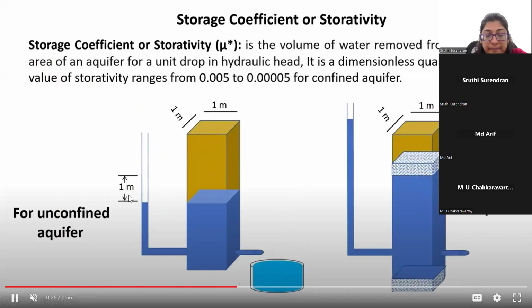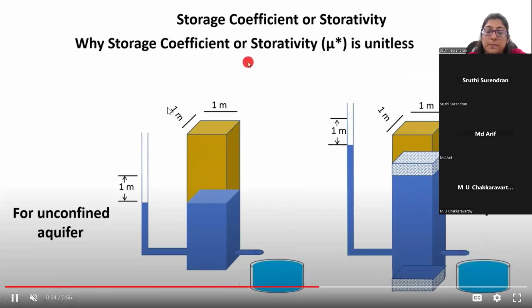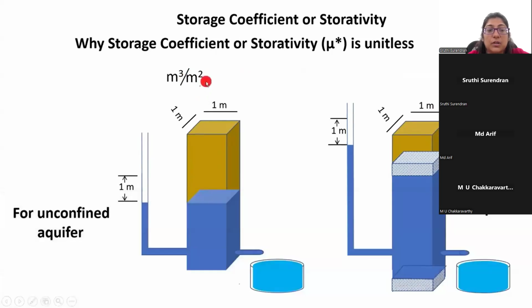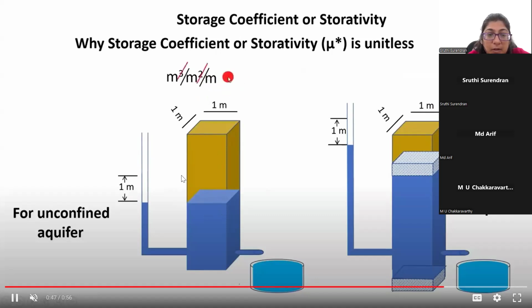In the same way, when this quantity is measured for a confined aquifer, the equivalent term is called storage coefficient or storativity. Storativity and storage coefficient are used interchangeably for confined as well as unconfined aquifers. But when it comes to an unconfined aquifer, since the water movement is as a result of gravity, we call it specific yield. For a confined aquifer, we call it storage coefficient.